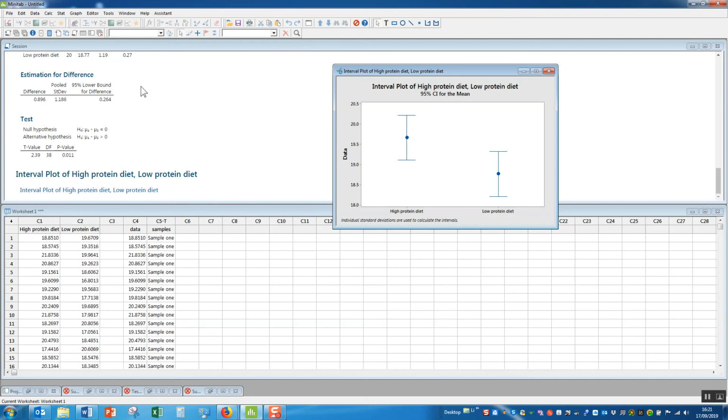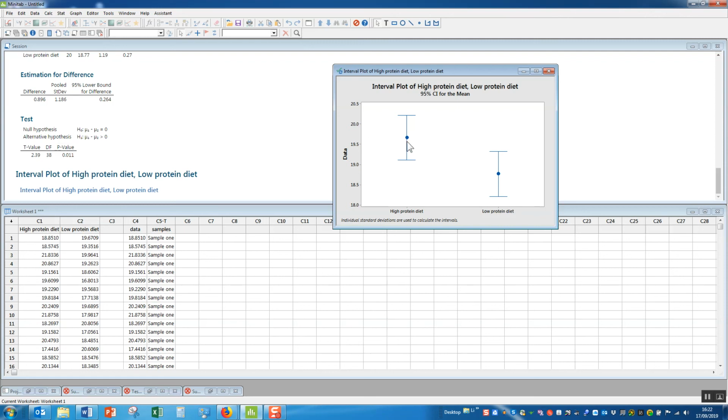Now I need to be very careful when I'm using a one-tailed test. What I can't do is start fiddling with the tails to try and get the lowest p-value I can find. That's really naughty. Here I've got a situation where I'm only interested in the fish having a greater weight gain because they're on a high protein diet. If that weight gain was lower, I just wouldn't be interested, and I would get a p-value that was really high.